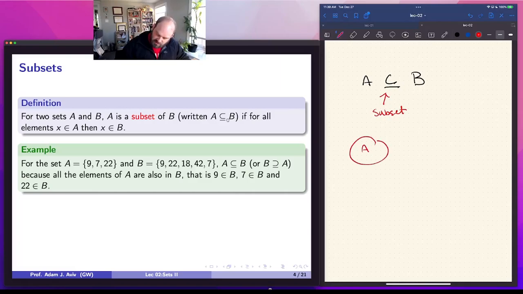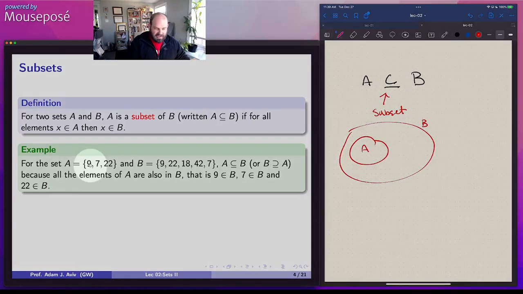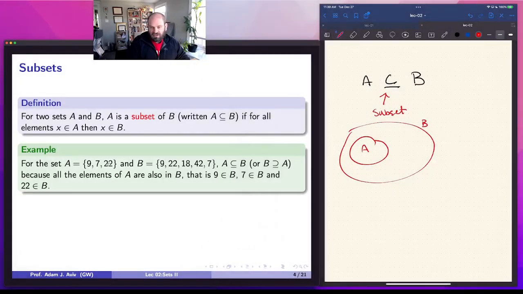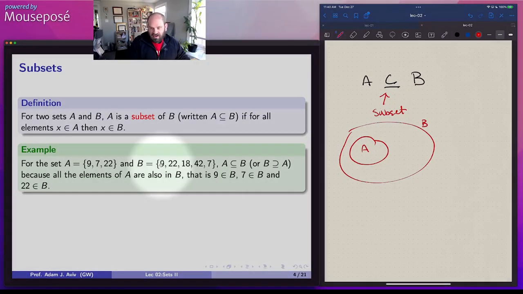These are all the things of A, and then B is either larger, or it could be the same, or larger and A is contained within it. So if we look through this example, 9, 7, and 22, every element of A, are all in here, so you have 9, 7, 22 right here.